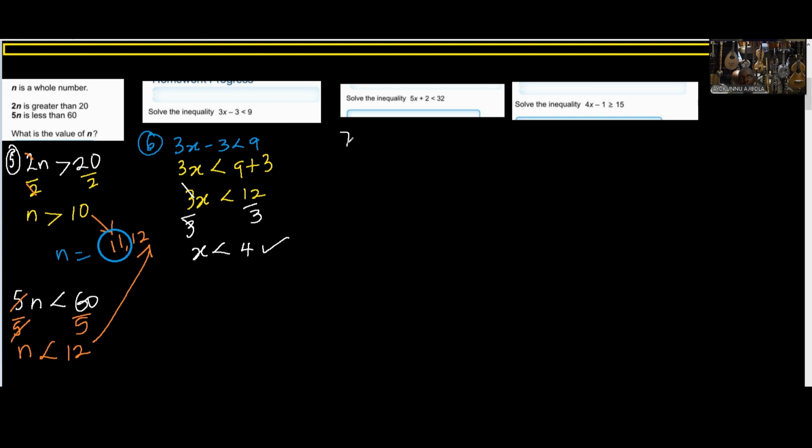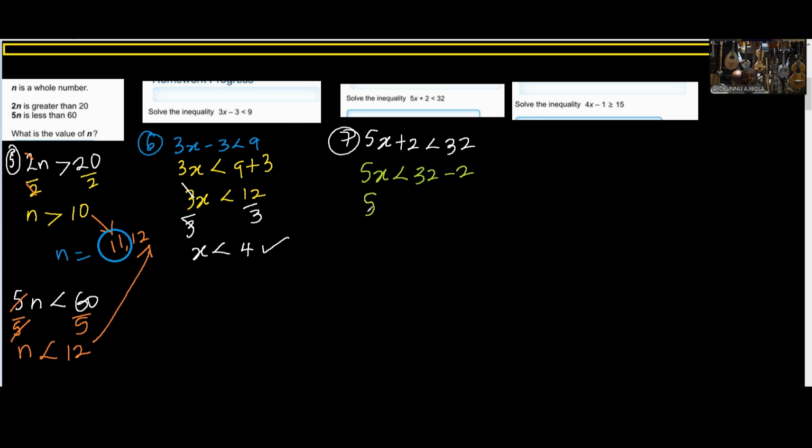Now, number 7. I have 5x plus 2 less than 32. The same way, this 2 is going to meet 32 and it will become negative, because it's positive. So 5x less than 32 minus 2.